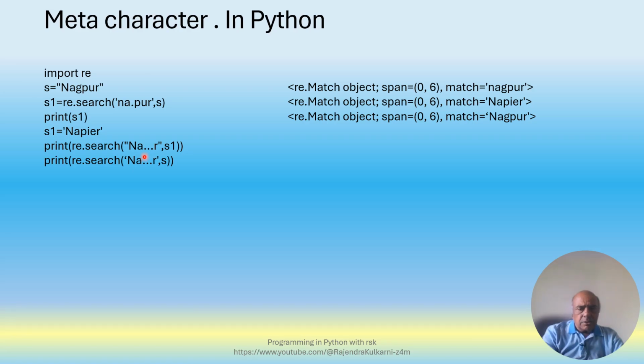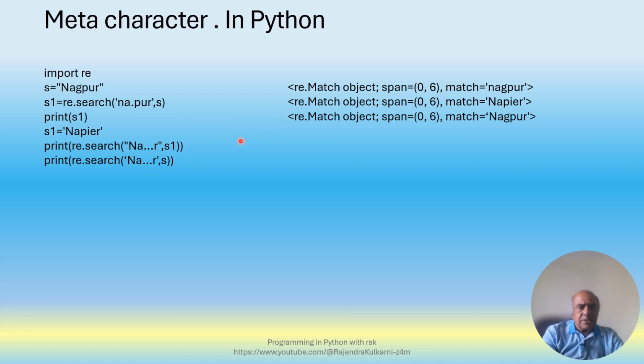Whatever characters are between A and R in both the strings are matched by using dots in their places, and we get the output Napier and Nagpur.